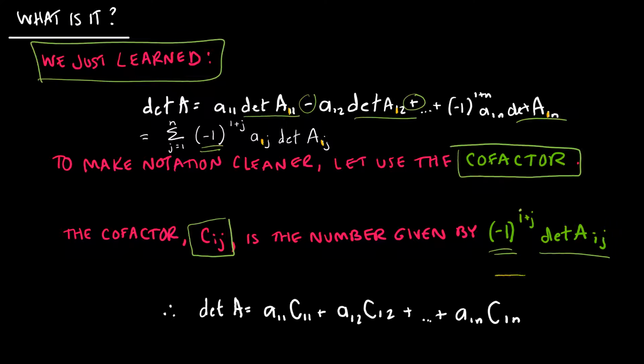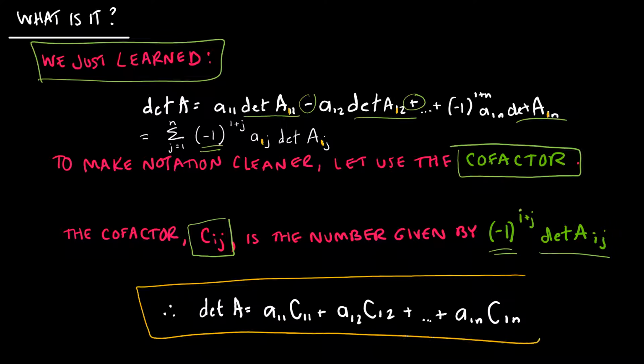So what this reduces to says that the determinant of A is A11 C11 plus A12 C12 plus and so on. Now why do I get to use pluses all of the time? Because now I have this -1 to the i plus j, which is going to give me that alternating plus minus that I need.